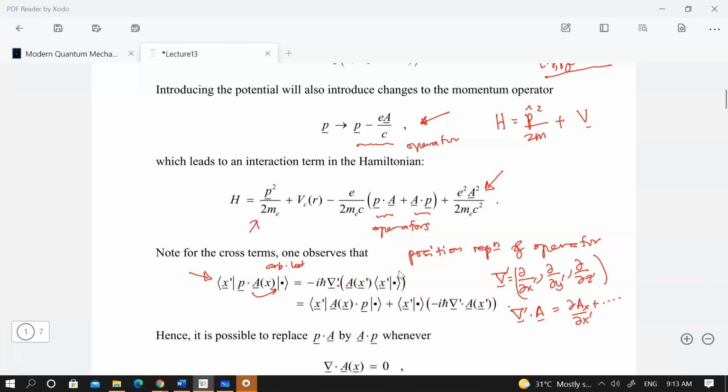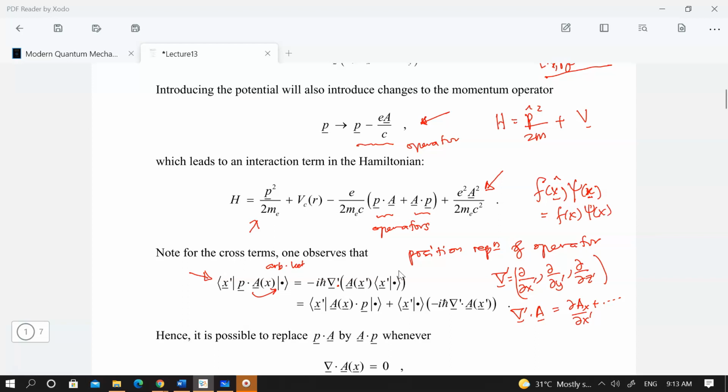Remember when you have an operator, say x over here, acting on some wave function, which is the position representation of the wave function, that will just become an ordinary function.